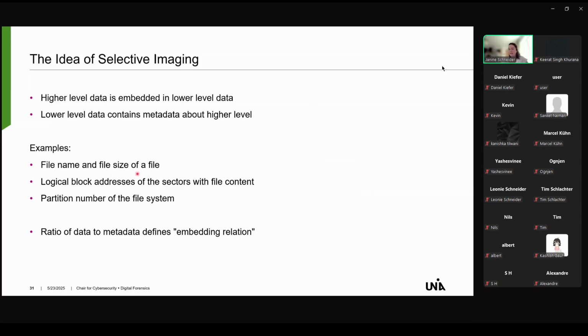The file size, or the file name also, is embedded in the file system. So this is metadata embedded in a lower level of the file. There are some other examples. We don't have to go through every single one of them right now, but I think you get the idea of partial hashing, partial imaging.